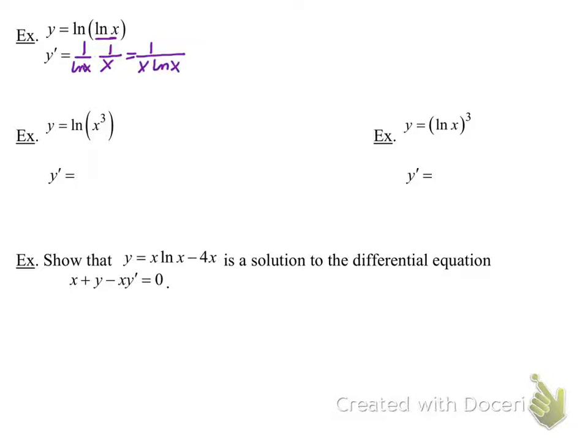Next one, the natural log of x cubed is the same as 3 natural log of x. So when we take the derivative, we get 3 times 1 over x, which simplifies to 3 over x.